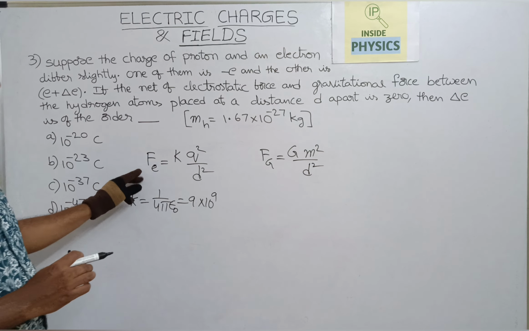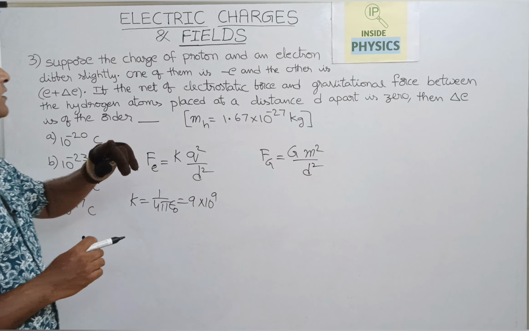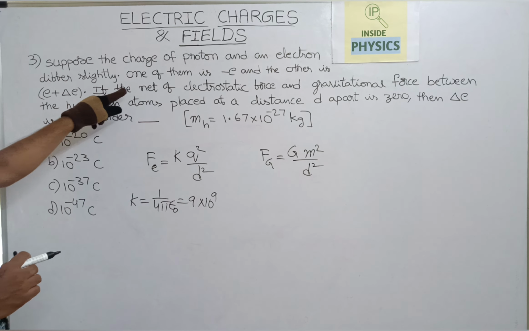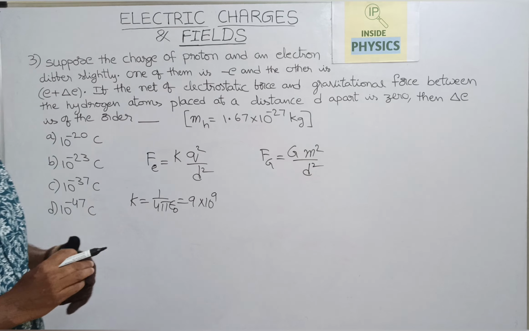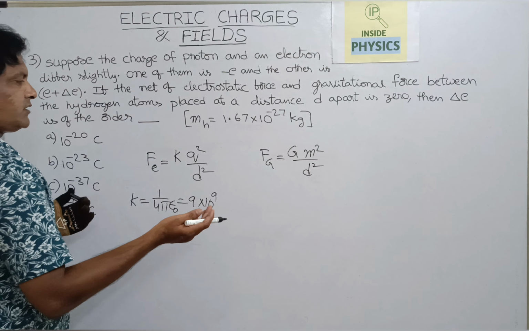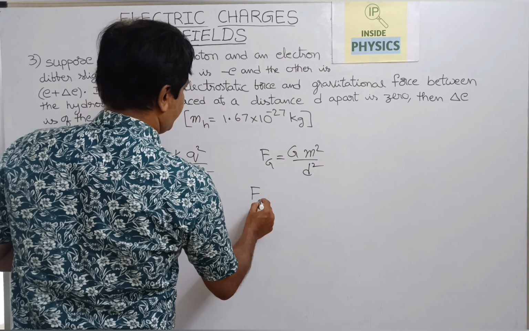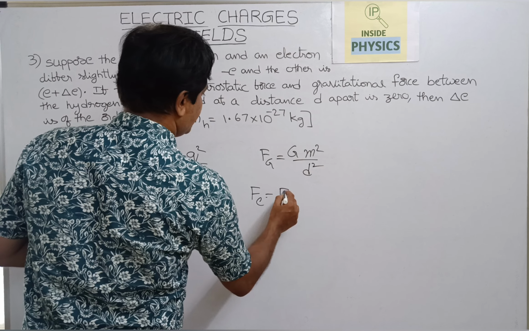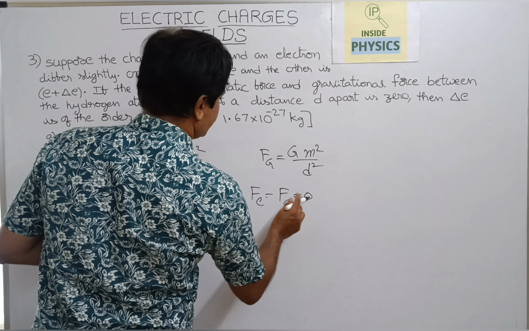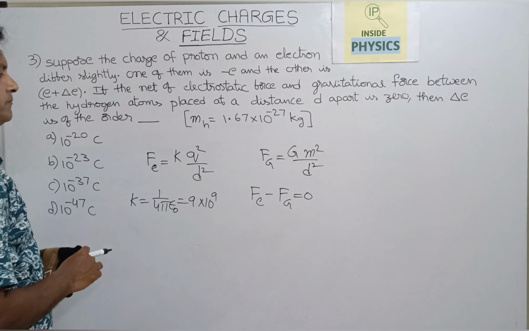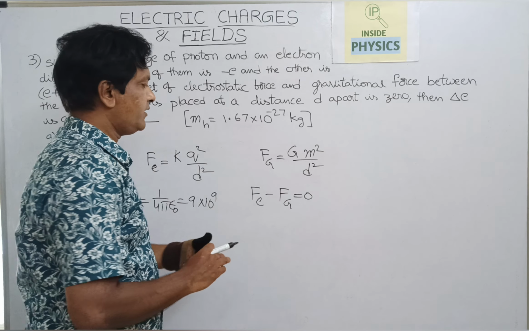So if this is the electrostatic force and this is the gravitational force, what is the net? The net means the difference. That is Fe minus Fg is equal to 0 is given.